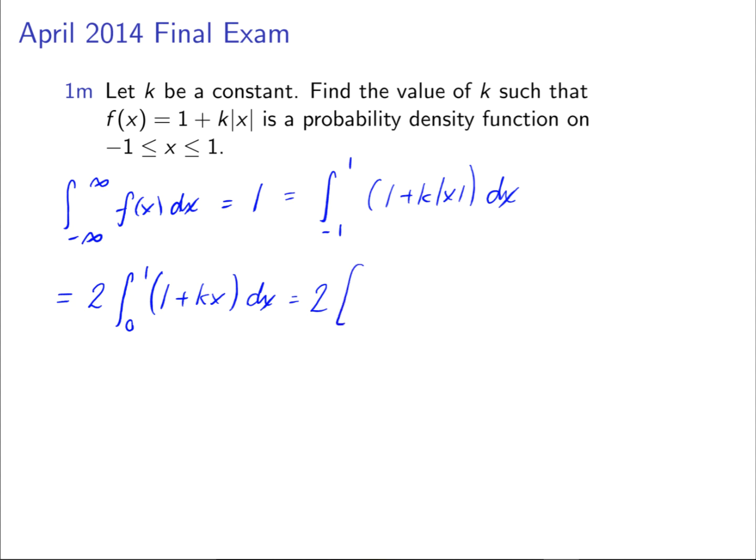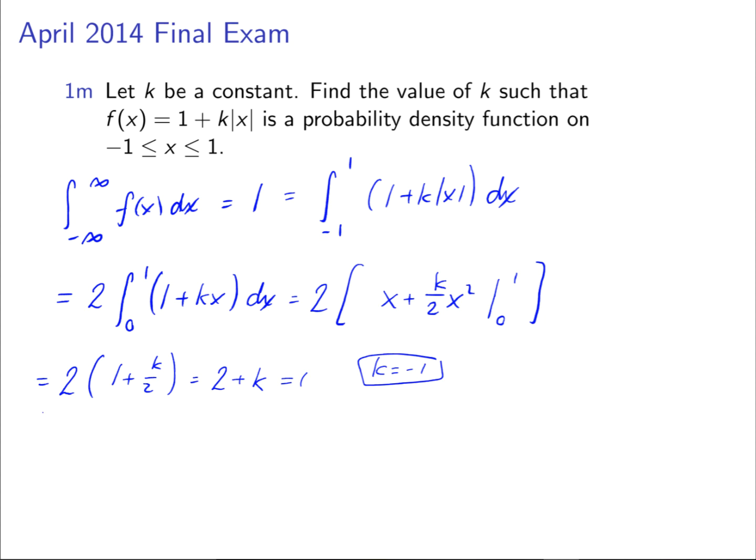Both of these strategies will work just fine. I use the fundamental theorem of calculus, part 2. I need this to be equal to 1, so that tells me k is -1. It's a little unusual to see negative values in probability density functions, so let's sketch this to make sure there's no funny business going on.